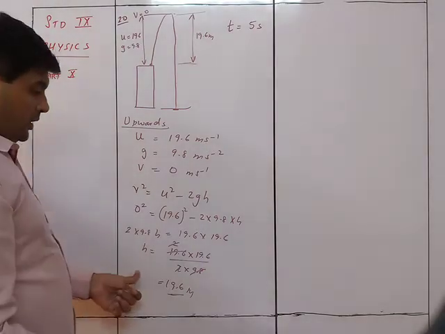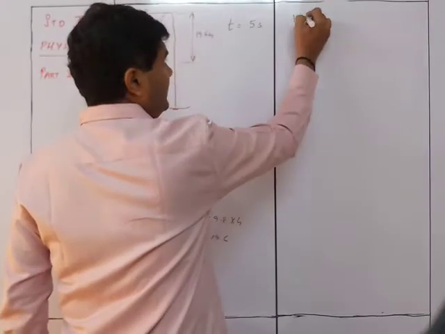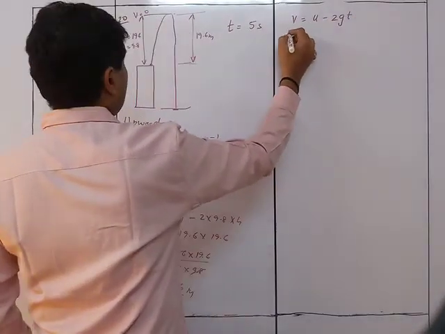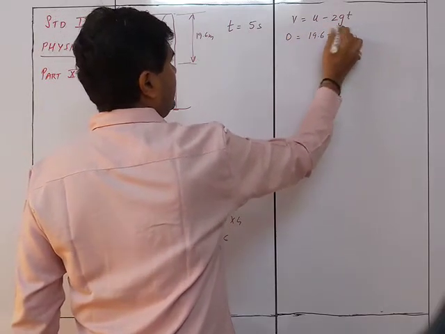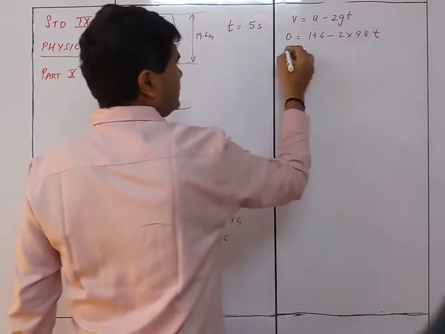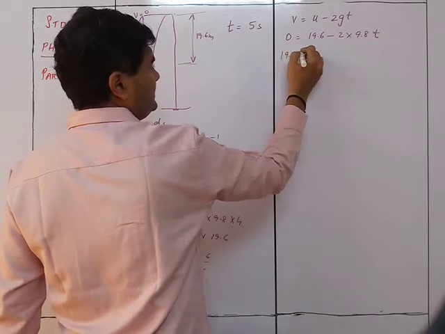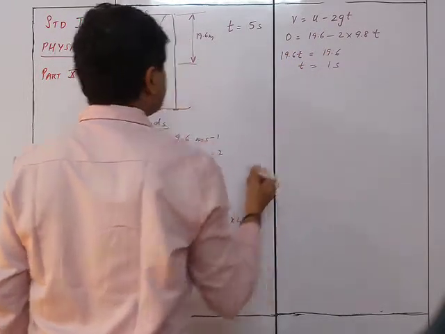Got it? We can also find out the time. So time wise, we have v is equal to u minus gt. So v was 0, u is 19.6, is equal to minus 2 into 9.8 t. So that gives me 0, or we can take this side. So 19.6 t is equal to 19.6. So t is equal to 1 second.